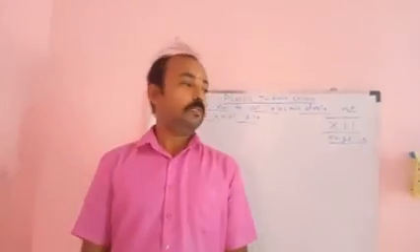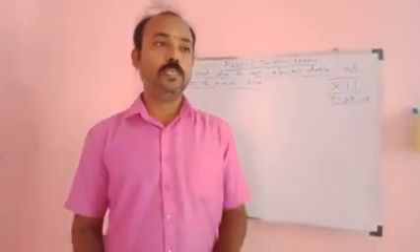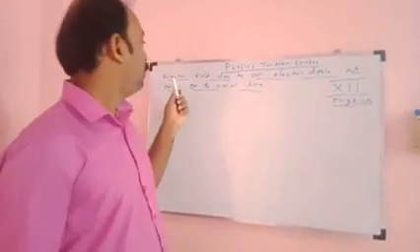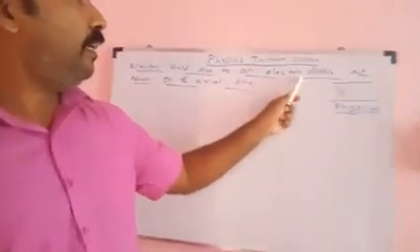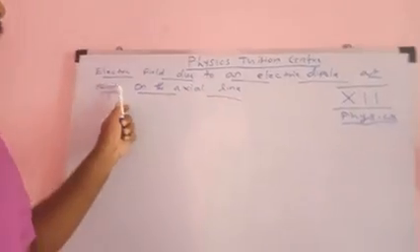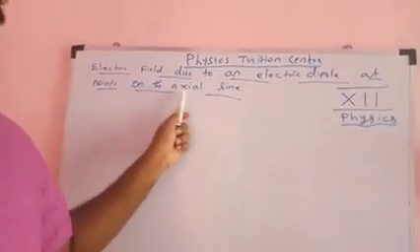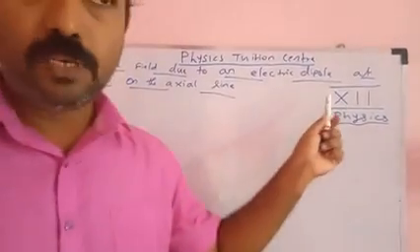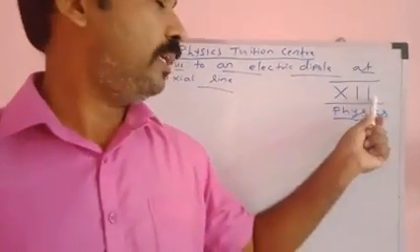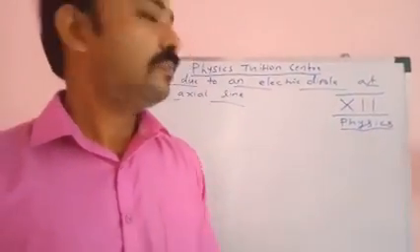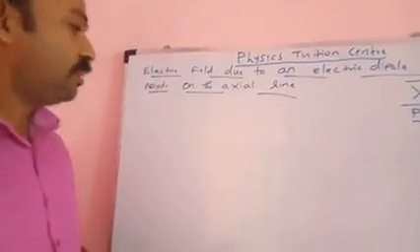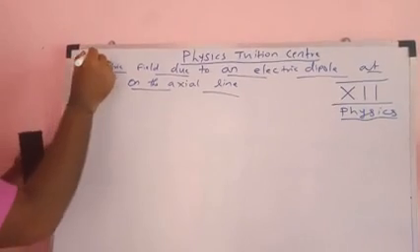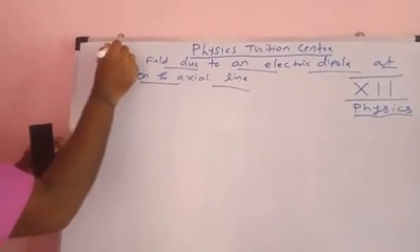Today I am going to teach the question: electric field due to an electric dipole at a point on the axial line, for 12th standard physics, first volume, first unit, electrostatics.